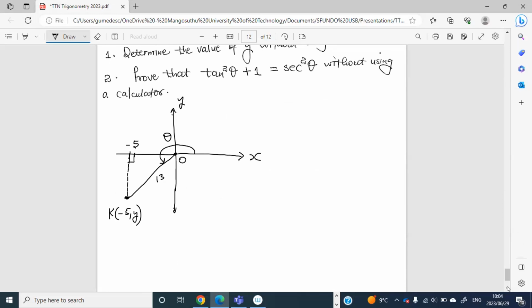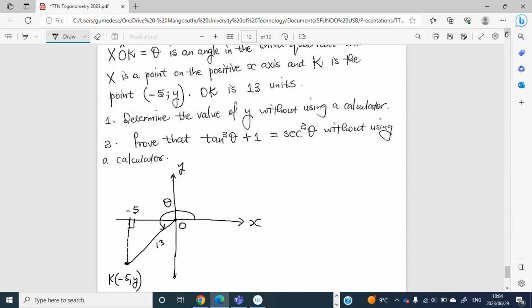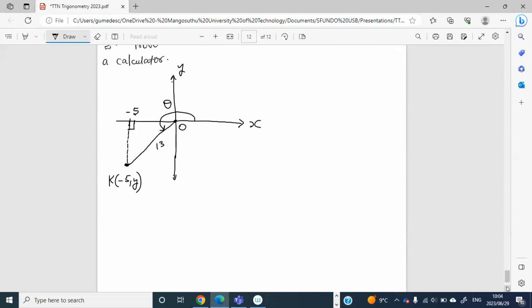Now what we want to do is find the value of y without using a calculator. How would you find the value of y? We know the hypotenuse, we know the length x, all we don't know is y.